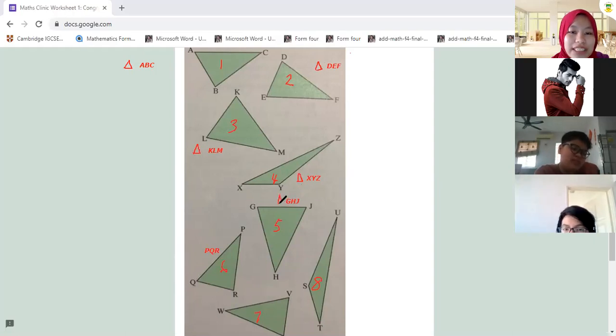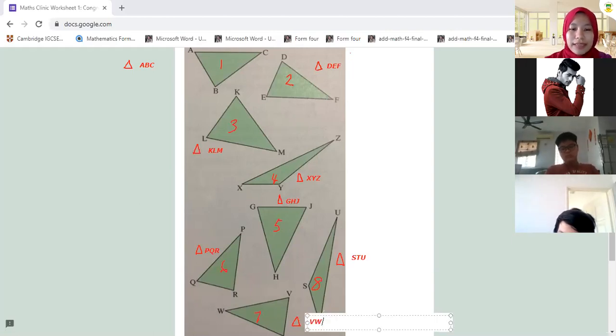Triangle GHJ, triangle PQR. Okay, the next two, triangle what? Done. Okay, good. Rename it. Triangle STU, and last one, triangle VWX. Okay, should be no problem.